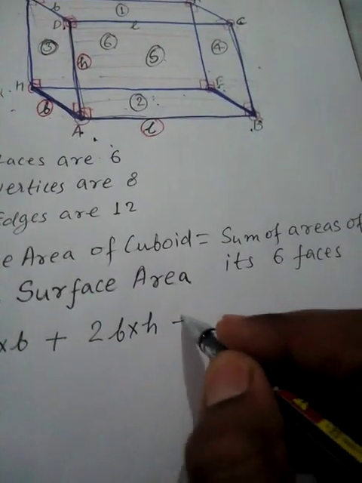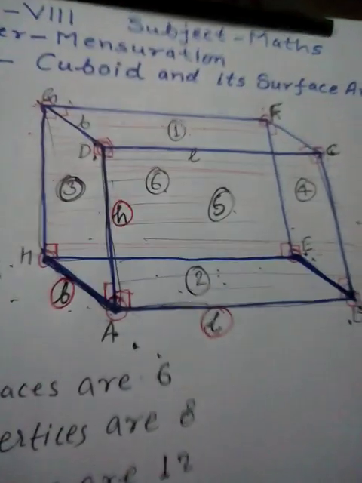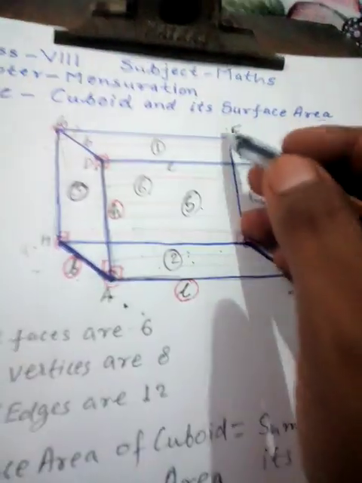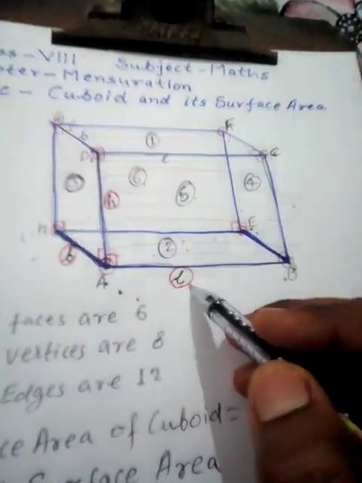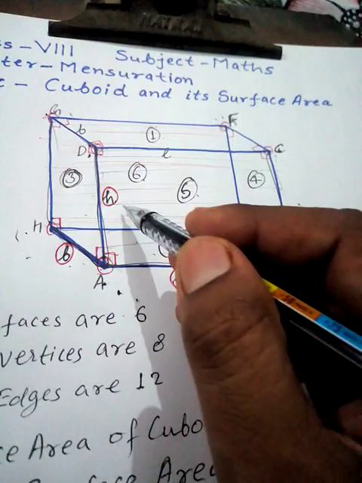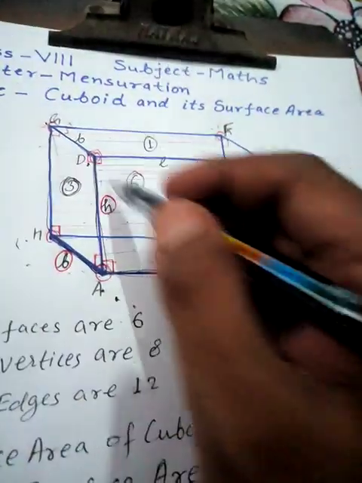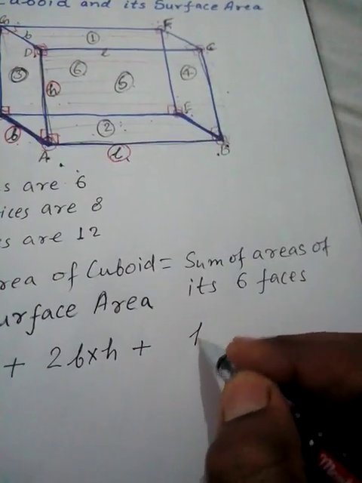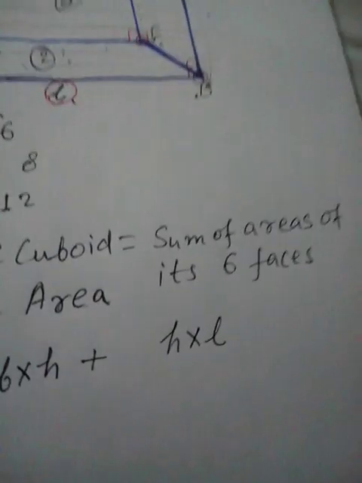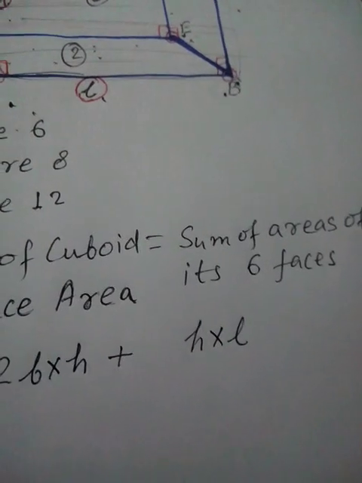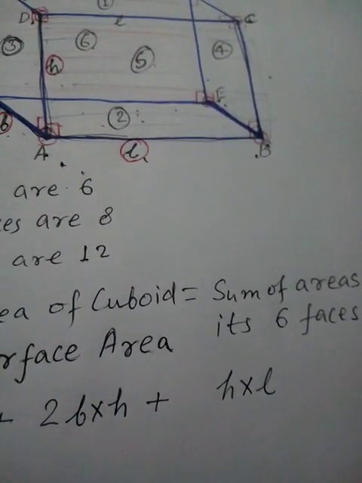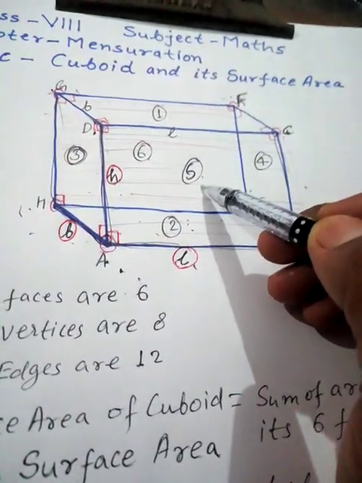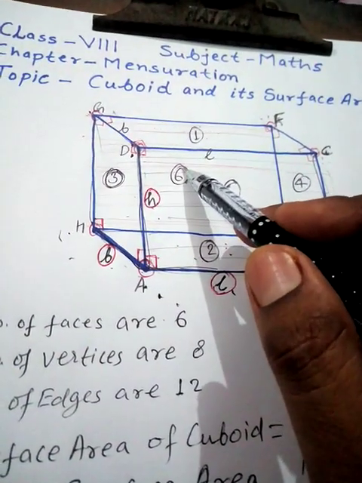And plus the last surface, the front and the back. The front is L into H, you can write H into L also, and this is the fifth surface, and you know the fifth surface is just the same as the sixth surface.